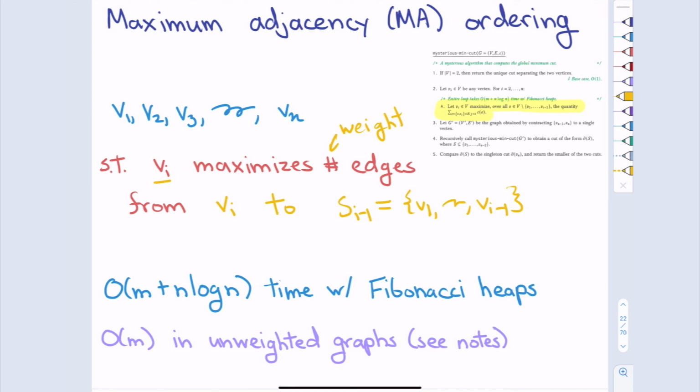In an unweighted graph, you can do it even faster. There are various linked lists. It's so simple, maybe it's not too surprising that you can do it very fast. But the algorithm itself just calls this ordering n times. It starts with the original graph, orders the vertices, does a contraction.